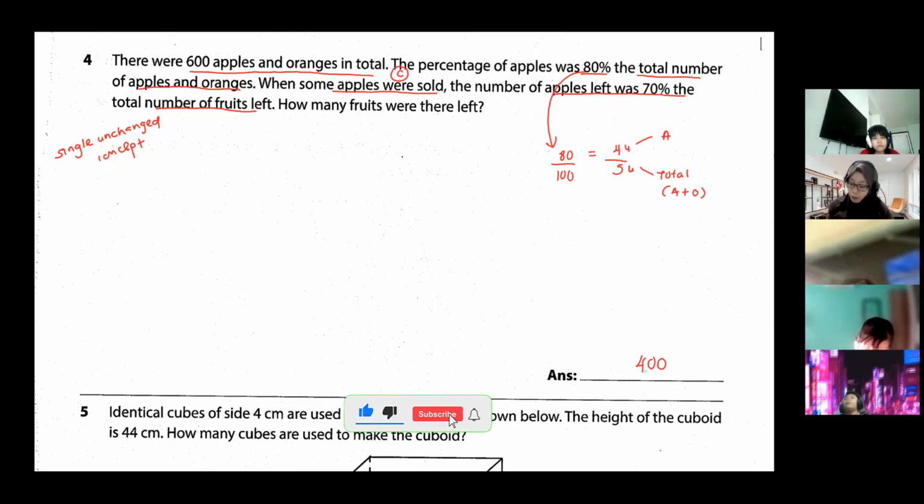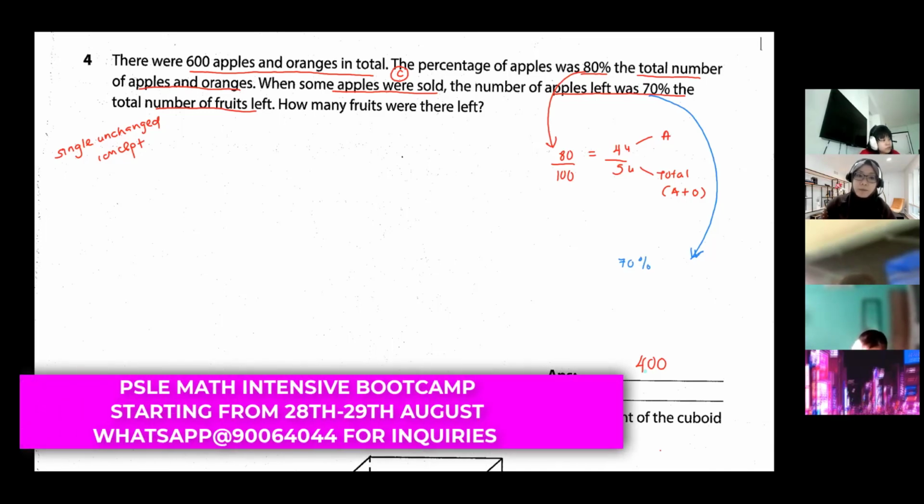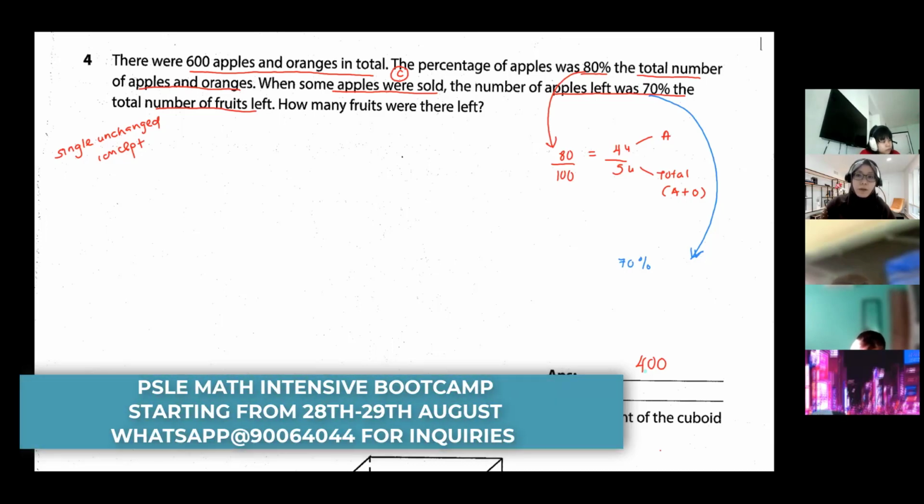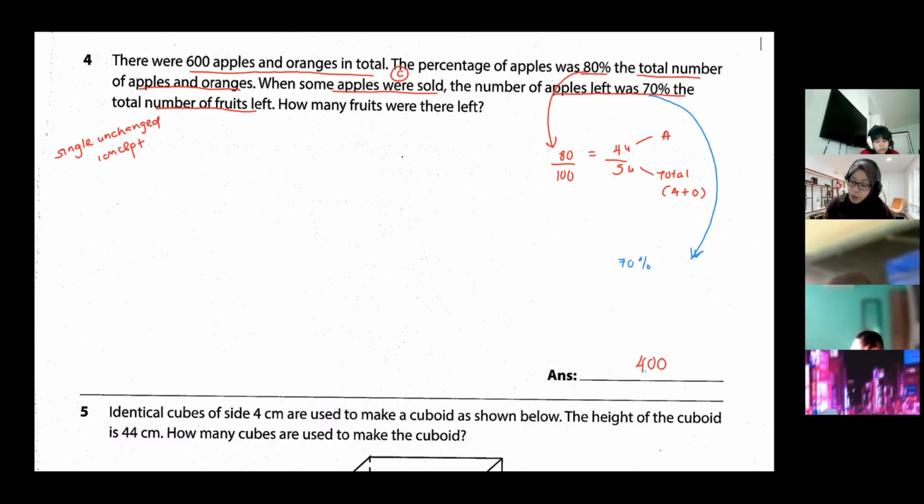Okay? Now, we have 70%. So 70% is equal to 70 over 100.